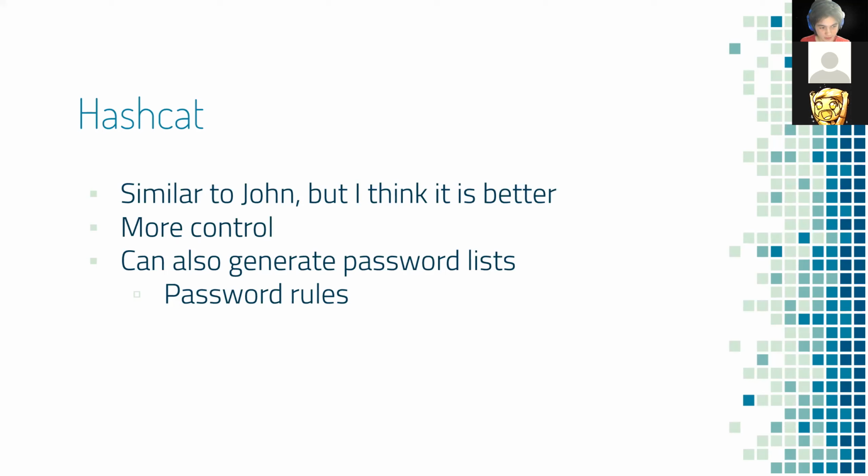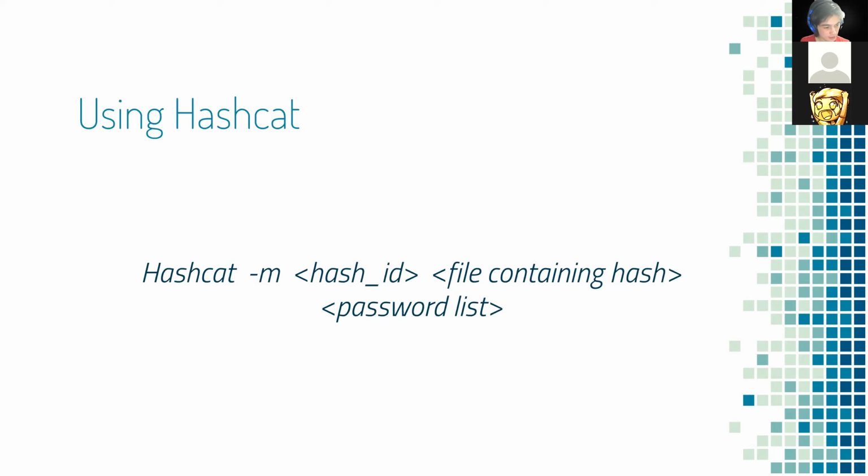Okay, Hashcat, again, similar to John, but I think it's better. You have more control, and it has the additional functionality of being able to generate password files and mutate those password files through its rule sets. We're not going to go into that. That's just an alternate use for you guys to know. But how to use Hashcat, it's definitely more difficult than John. You have to actually specify the hash ID itself.